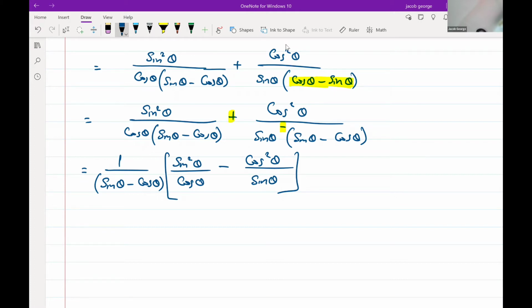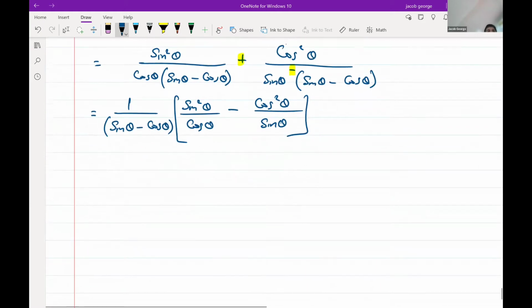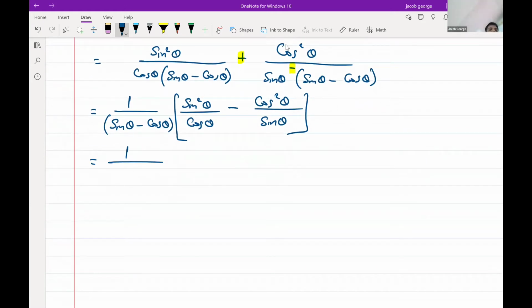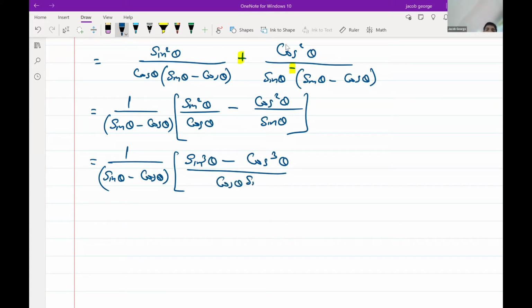Yes, is it clear? Now, that is 1 by sin theta minus cos theta into, this is again LCM. LCM is cos theta into sin theta. First fraction multiplied by sin theta, so this will become sin cube theta minus cos cube theta by cos theta sin theta.